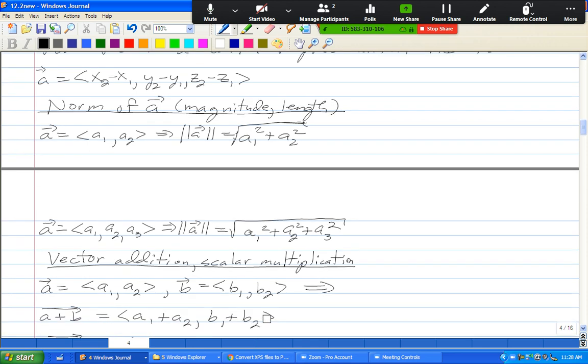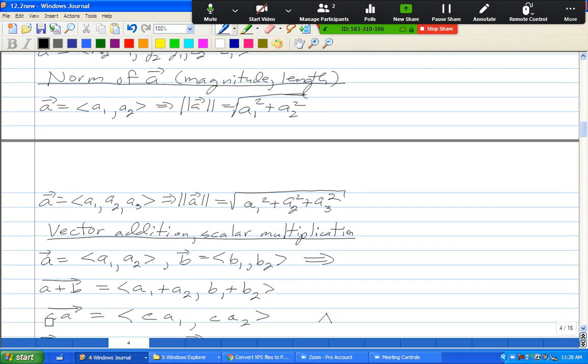Then the vector a plus b has the following components: a1 plus b1 comma a2 plus b2. And suppose c is some real number, some member of your scalar field. Then the vector ca has components ca1 comma ca2.